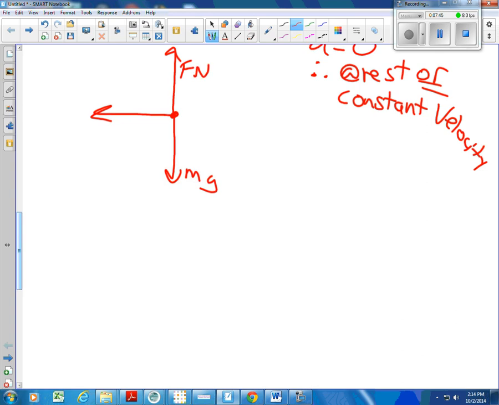That means there's nothing else pushing on it, nothing pushing it forward anymore to the right. Let's say the book is sliding to the right, but there's friction slowing it down, and that force is pushing to the left. So if you did your summation of forces along the x-axis, you would clearly see that there's only one force, and that must be the force that's causing it to accelerate.